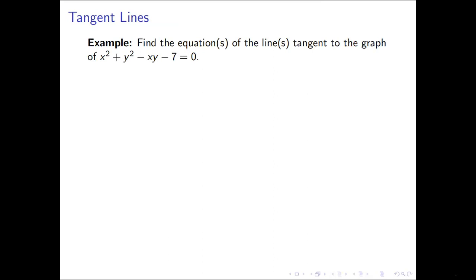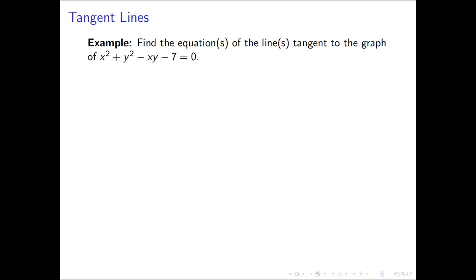So suppose you encounter a question like this where you're given an equation, a relation, and it has a graph, but you don't have an idea of the graph. Don't worry, you don't really need the graph to solve this one, but I'll show you the graph anyway later on.